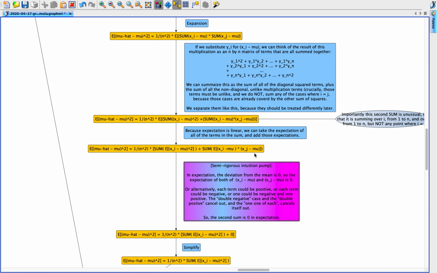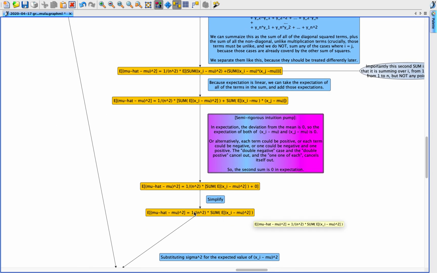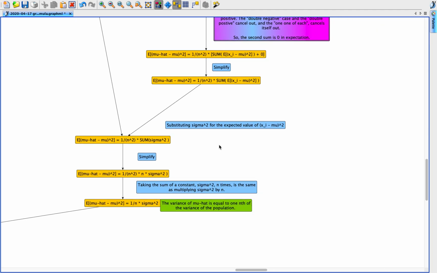As we do this operation infinitely many times, we end up with an expectation of 0. So we're summing this to 0. Then we're going to simplify. The only thing that we are doing here is taking out the 0. And so now we have mu hat minus mu squared.